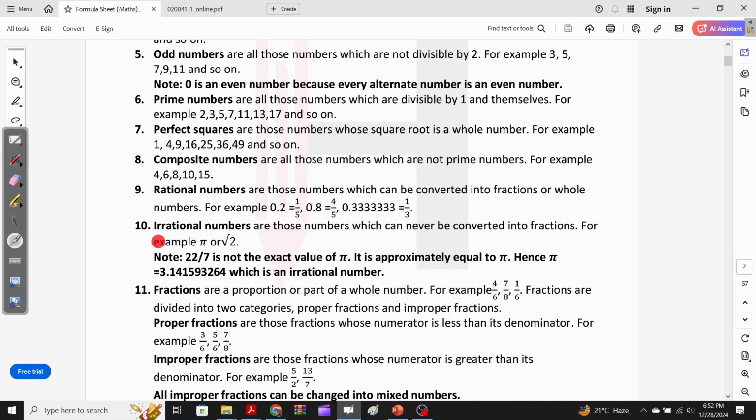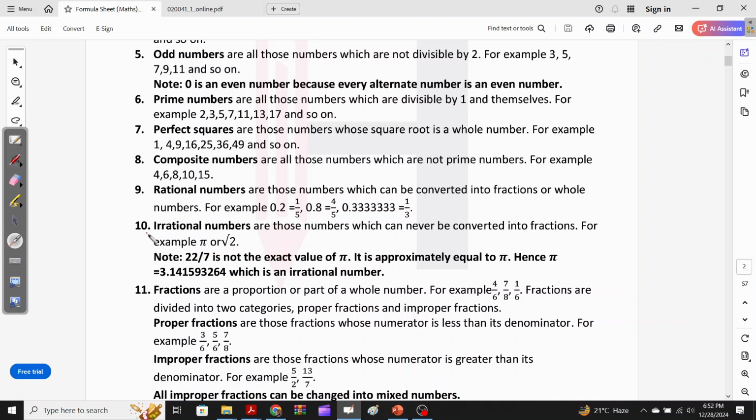Now, what are irrational numbers? Irrational numbers are counter to the rational numbers, because these are numbers which can never be converted into fractions. You can never transform them into fractions. For example, pi is a value which cannot be converted into a fraction. Or take the square root of 2, square root of 5, square root of 11.